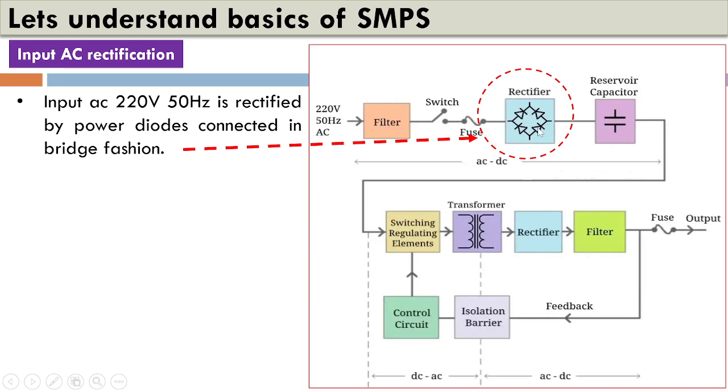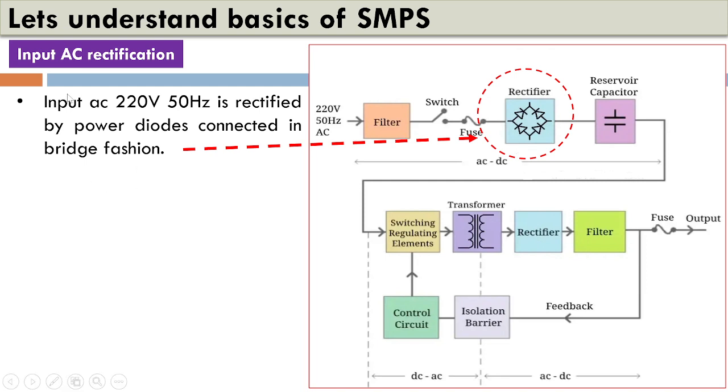Whenever anything goes wrong inside the rectifier section, this fuse will blow off to protect the other sections of the power supply. So whenever you find the fuse at the input blown, you need to check the rectifier circuit and the diodes and the filter sections for short circuits.